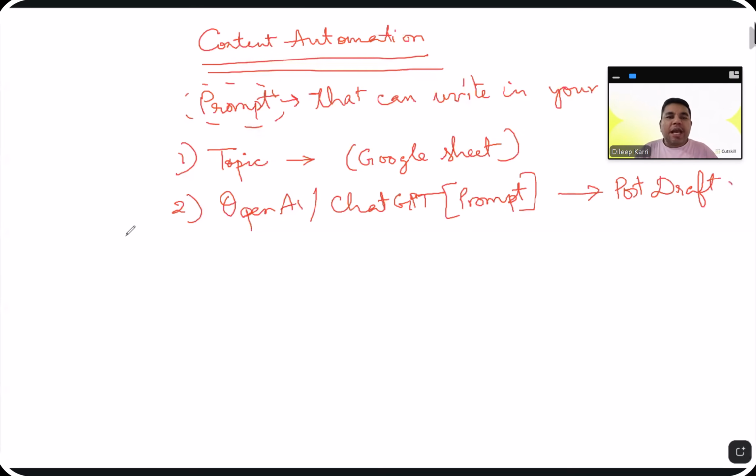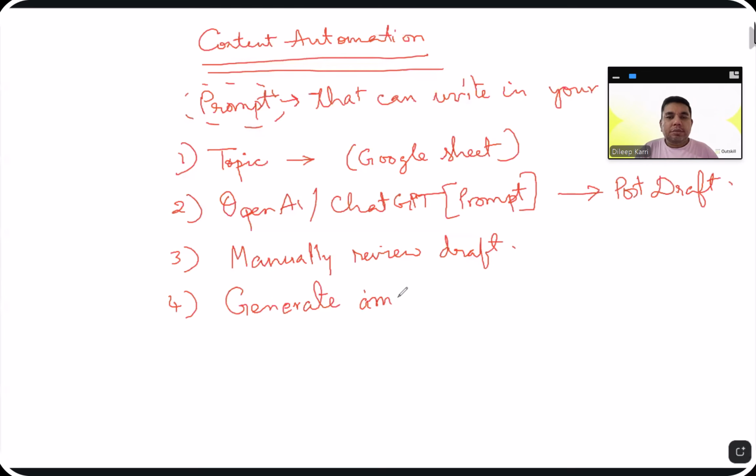Then I manually review the post draft. Then I generate an image that can accompany the post, and I can do the image generation in OpenAI or ChatGPT itself.